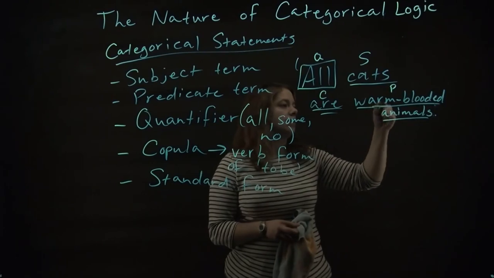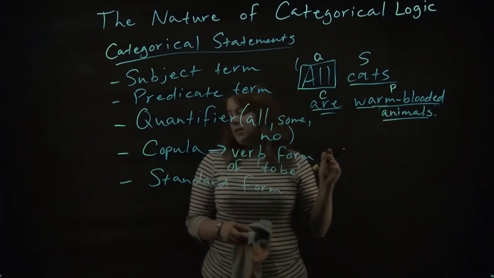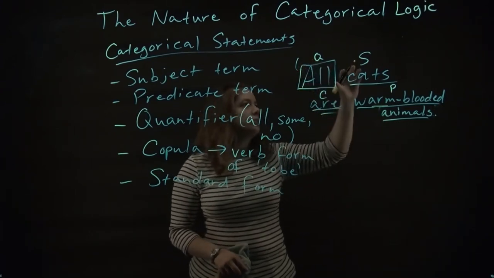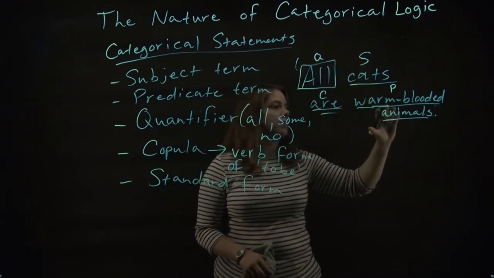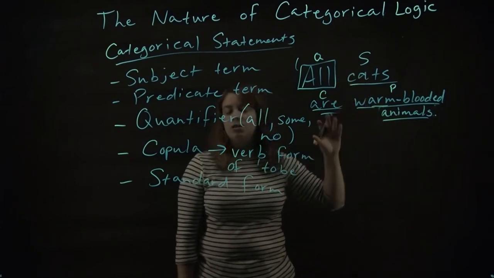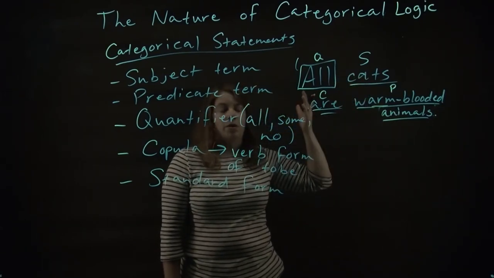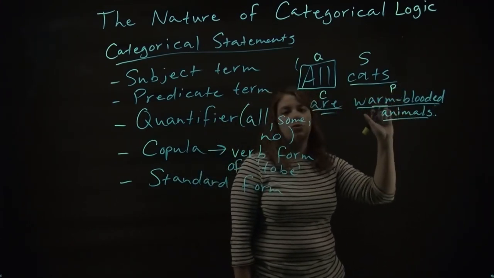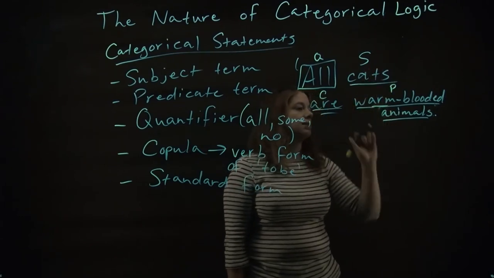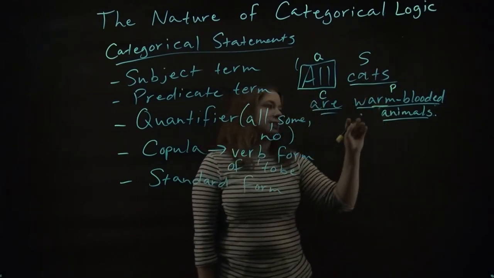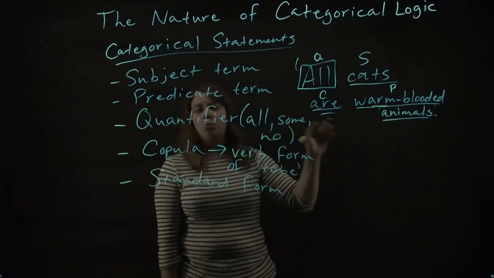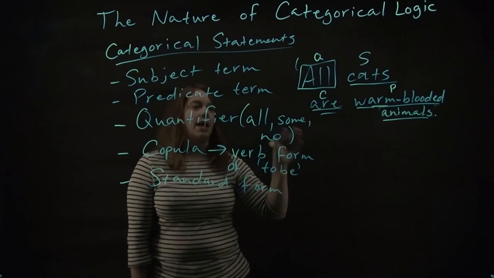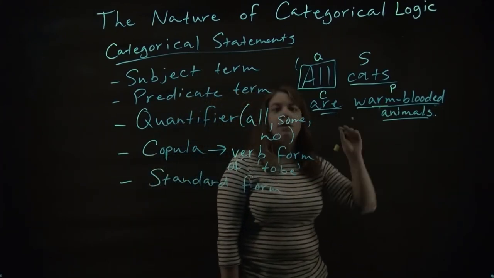So you'll see this later on in the modules, but standard form means that one, you have the quantifier out front, two, you have a clear subject and predicate term, and those subject and predicate terms are not just adjectives or in other words modifiers, but they also include some sort of noun, right? So it has to be an actual class of things, class of cats, class of warm-blooded animals. And in standard form, the verb that's in play has to be the copula. It has to be a version of the verb to be.